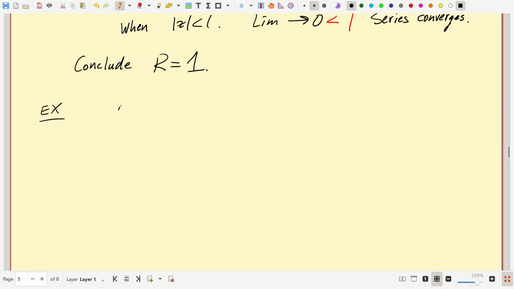Let's think about the sum, n goes to infinity, of (2 plus (minus 1) to the n) to the n, times z to the n.